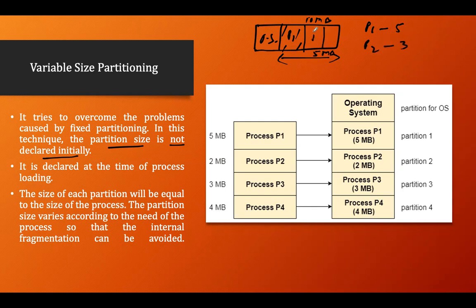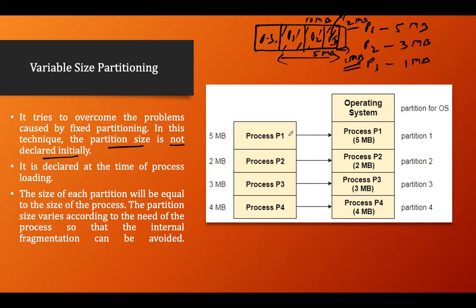So 3 MB can be accommodated for process 2, and 2 MB is left. This 2 MB could be used later if required. If 1 MB is required, can I accommodate it here? Yes, with P3, and 1 MB is still left. This is the idea behind variable size partition.